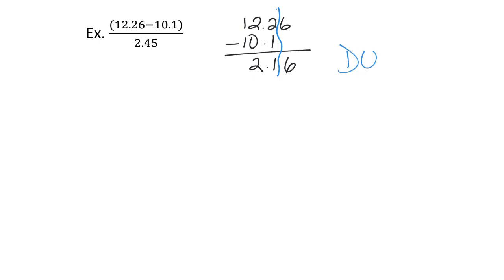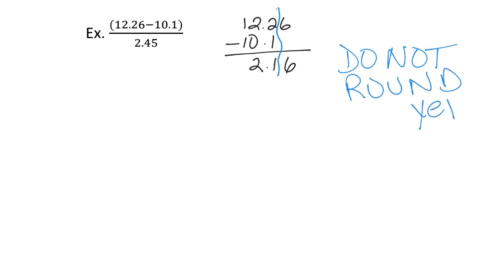I'm going to say do not round yet. What you want to do is underline or box your significant digits. This is the number that should have been: if this was the answer, if we weren't going further, it would be 2.2. But we're going to use the 2.16.